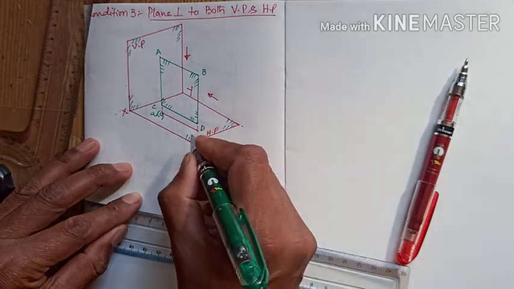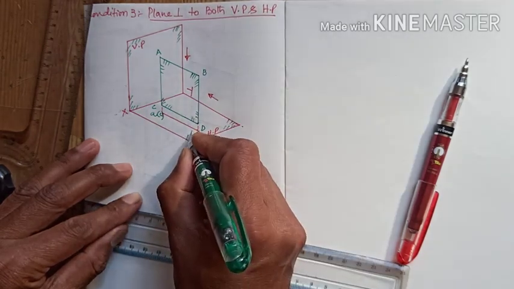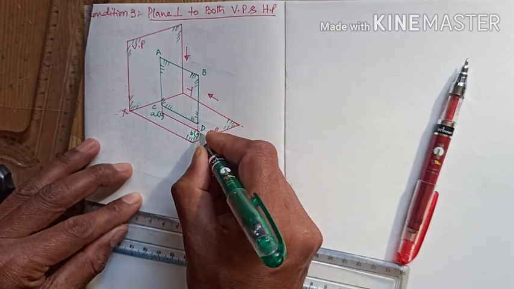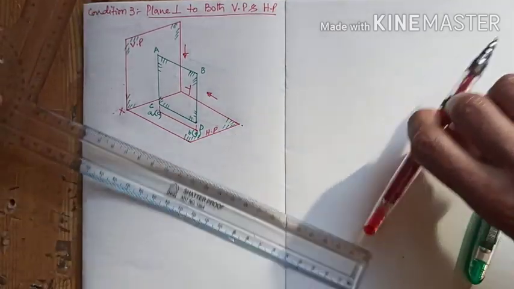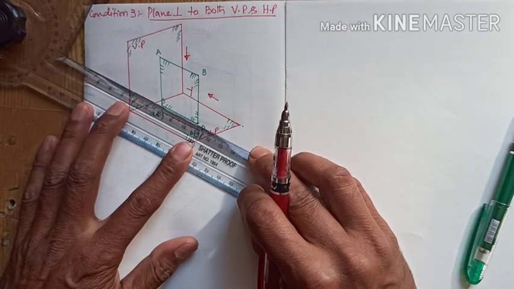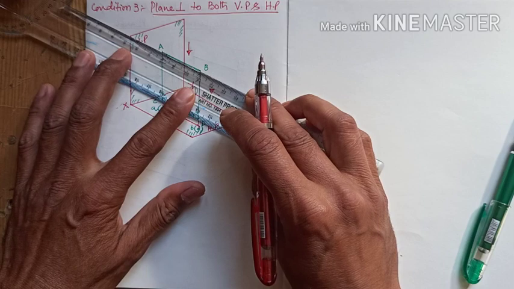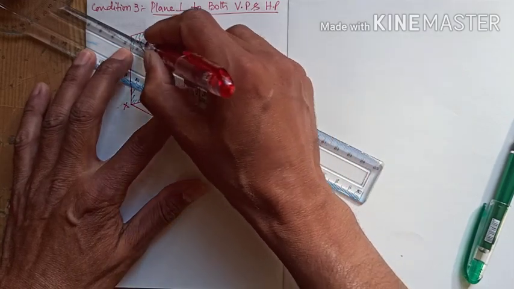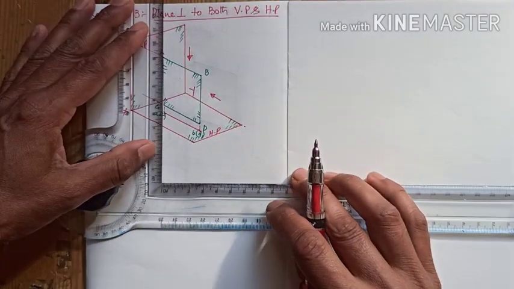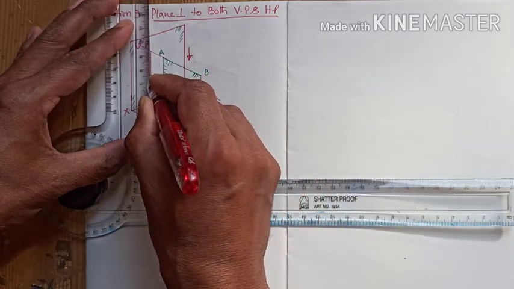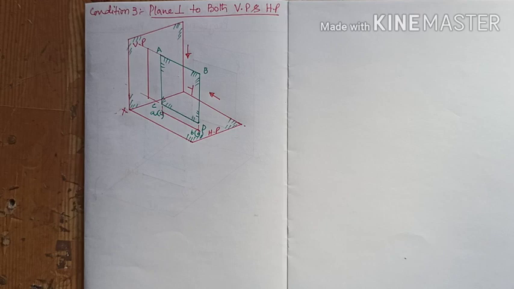In the same way, I can see B first, and behind B is D, which will come in brackets. In the same way, I can produce this line up to the vertical plane. So this is the line which I can see.